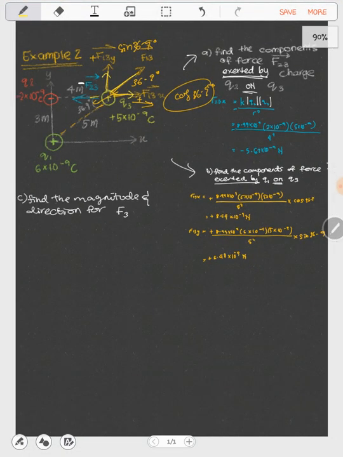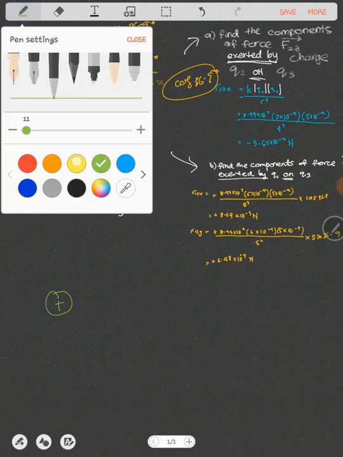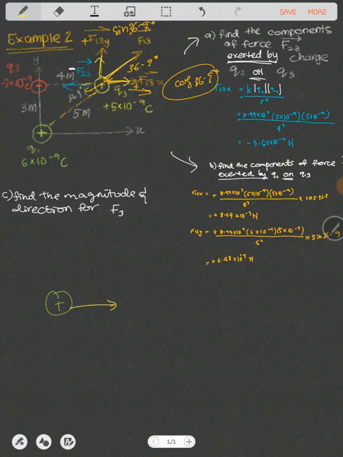Okay, look at the diagram of charge 3. So this is its X component and this is its Y component.